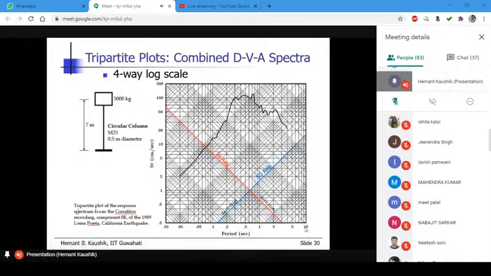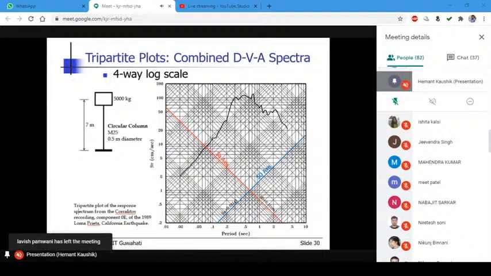This is the natural period of the structure on the x-axis. You can see this is a log scale: 0.1, 0.2, 0.5, 1, 2, 3, 5, 10. So up to 10 seconds it shows. This axis here, the red axis, is the spectral acceleration axis. This axis, the blue axis, is the spectral displacement axis.